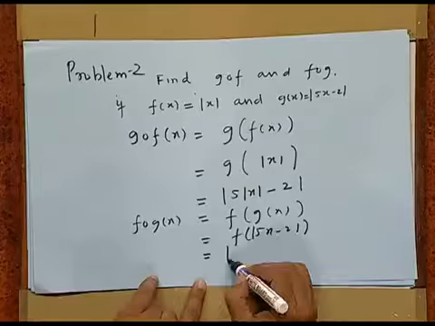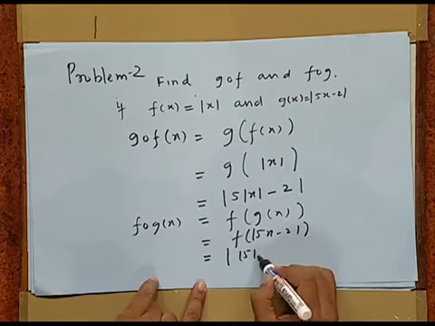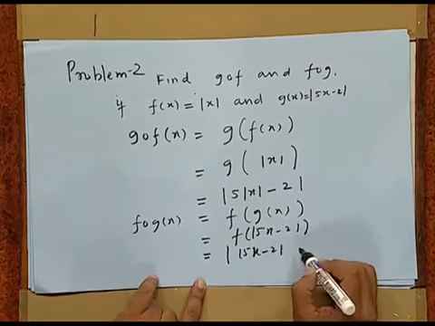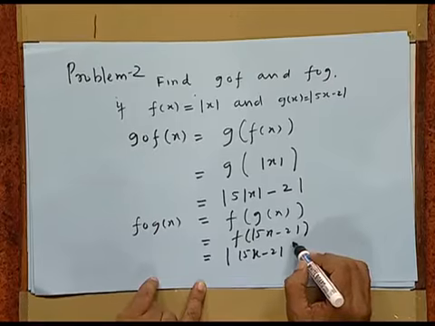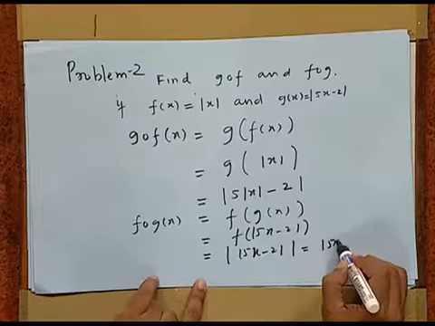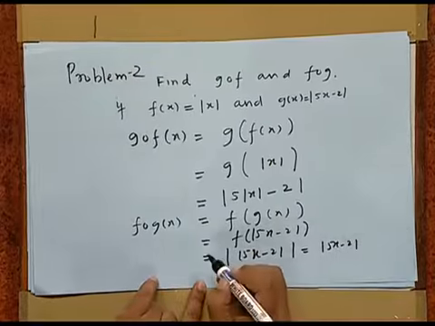So it becomes mod of the input, 5x minus 2 in mod, again the whole thing in mod. That comes to simply mod 5x minus 2. Thus we have found GOF x as well as FOG x in this case. So sometimes we can find both GOF as well as FOG.